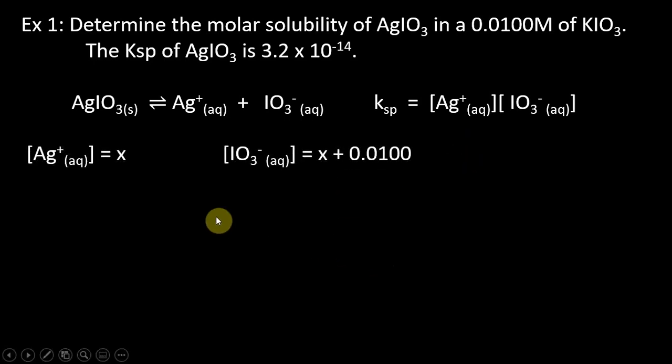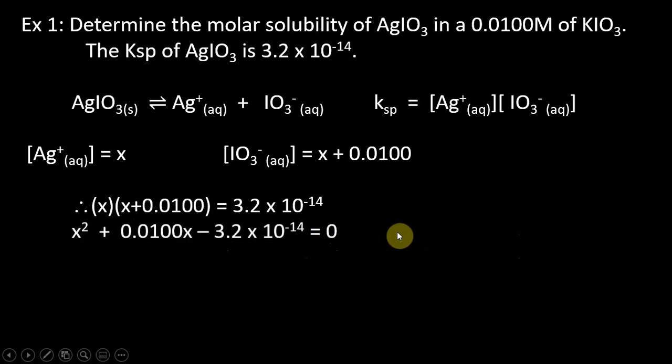So the silver ion concentration, let that be X, then the iodate ion is going to be X plus what's already in the solution. And so then when we multiply out the brackets and solve for X, we're going to get this little quadratic here. And so X is going to be 3.1995 times 10 to the minus 12, or negative 0.01.